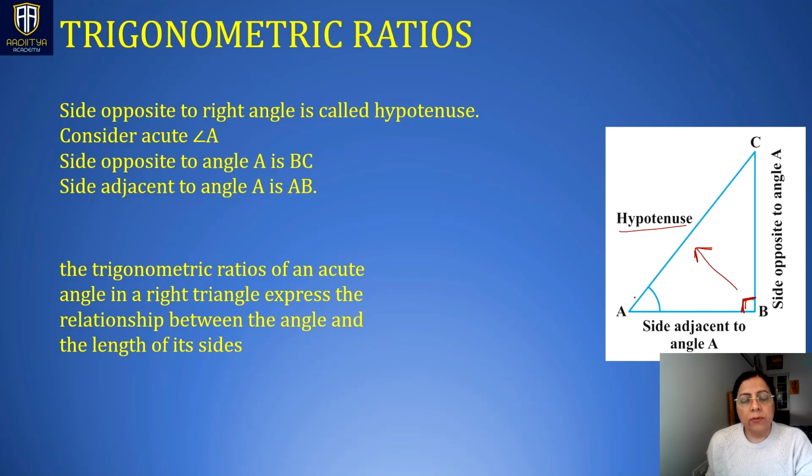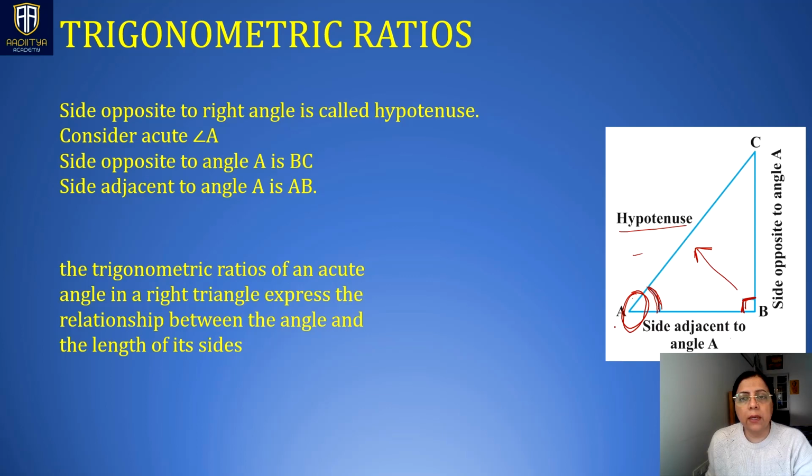So let's say I am taking ratios about angle A. So this is my preferred angle. When you decide your angle, you have to check that the angle is between the hypotenuse and one more side. The hypotenuse is always fixed, it is always opposite to the 90 degrees.